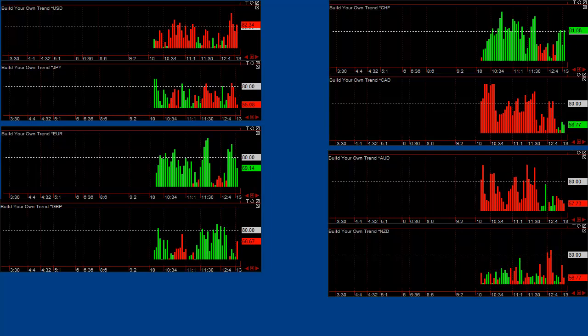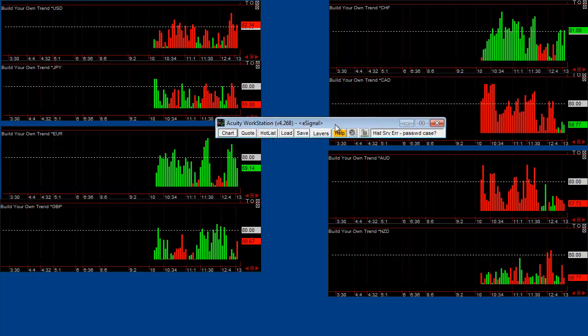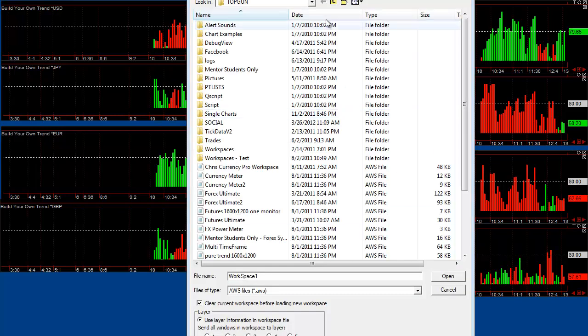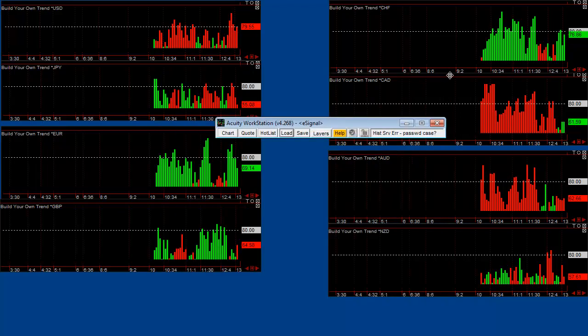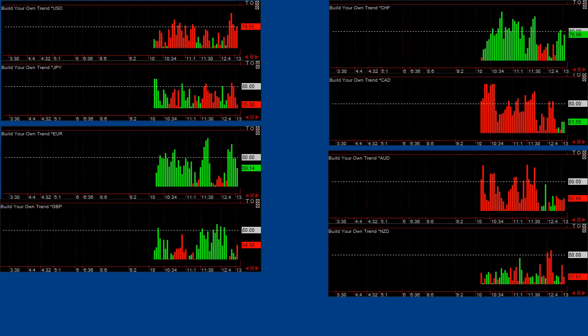And they will be stored in the chart examples directory. So when you see the new release version, check in the chart examples and you will see something called build your own trend range bar currency meter, because that's what this is.